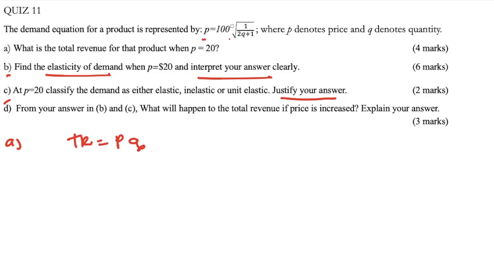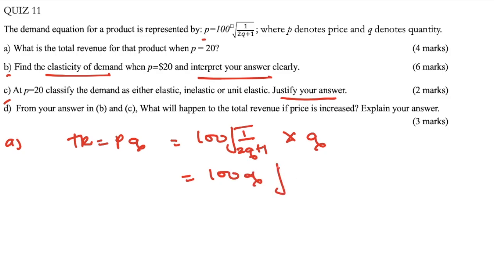So here we have price, so it's equivalent to 100 times square root of 1 over 2Q plus 1, and then you multiply by Q. So this is the price, and then you multiply by Q. So in general, you're going to have 100Q times square root of 1 over 2Q plus 1. Now, the total revenue is actually P times Q, isn't it?